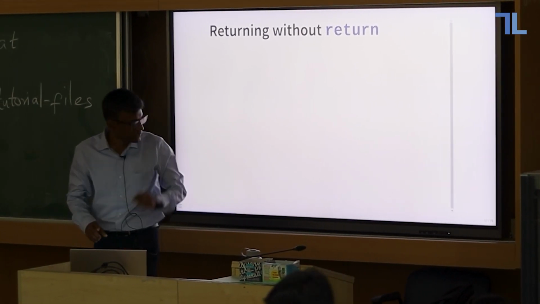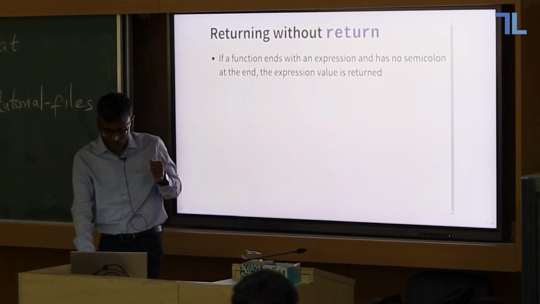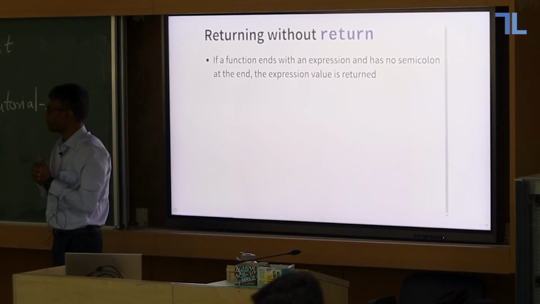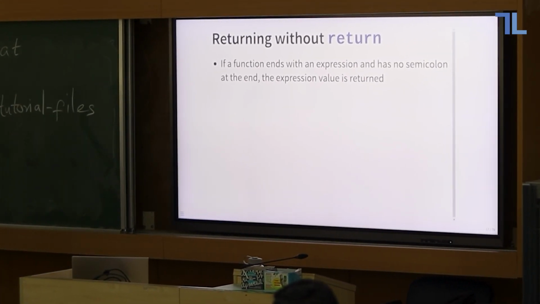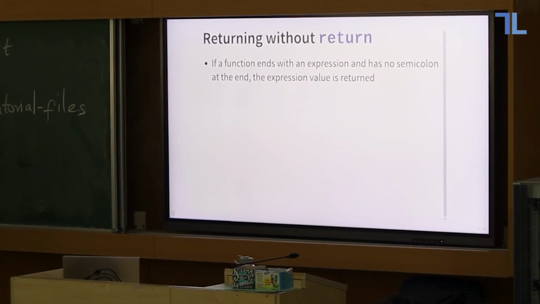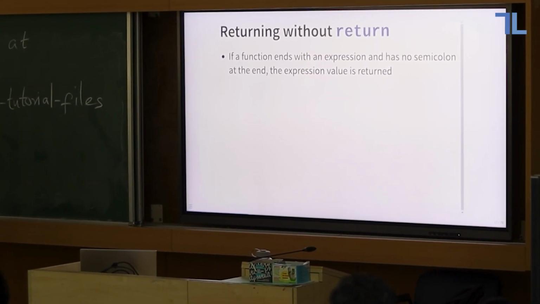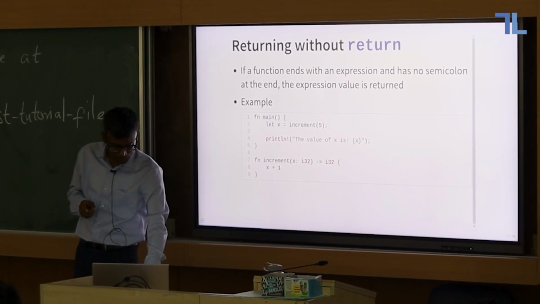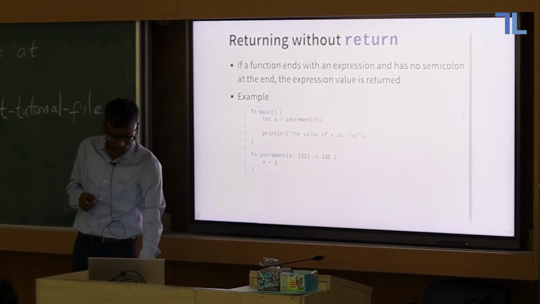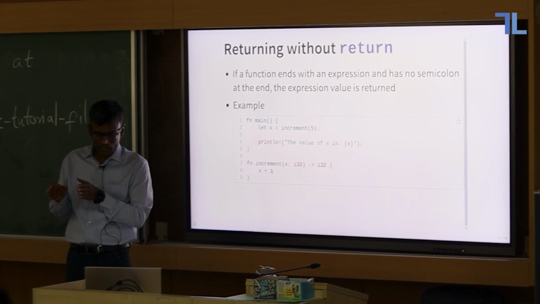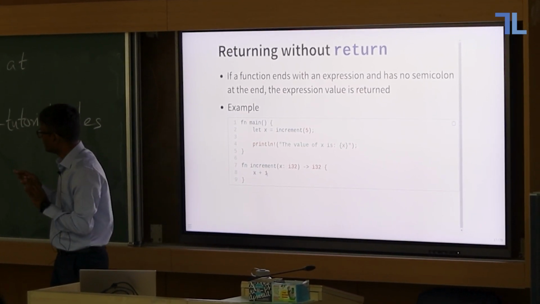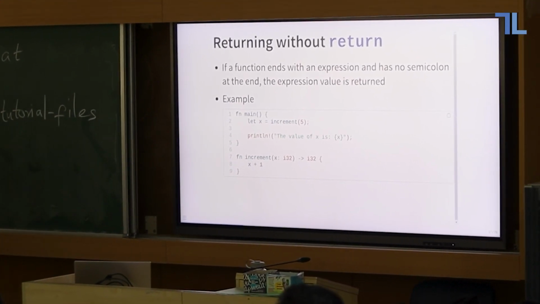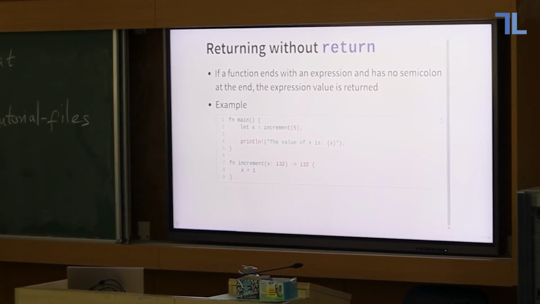Now there was a return statement there, but we can also return without the return statement. I said that the semicolon is sometimes optional. If you have a function that ends with an expression and has no semicolon at the end, that value will be returned. So instead of saying return x plus 1, if I put just the value x plus 1 in the last line of a function, then the last expression in a function will become the return value.